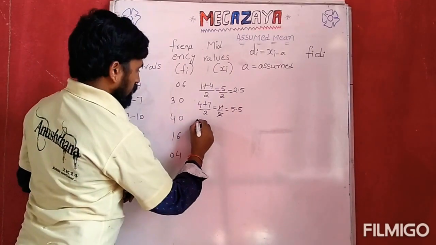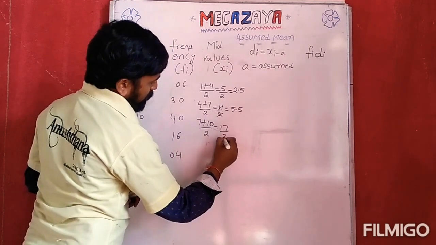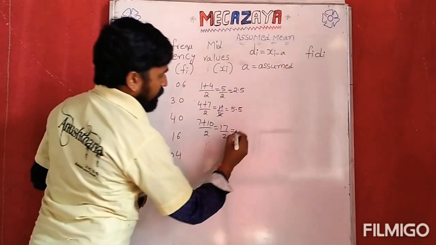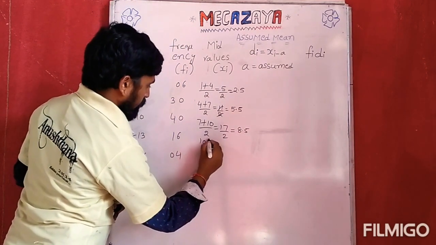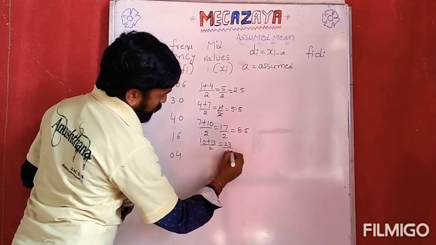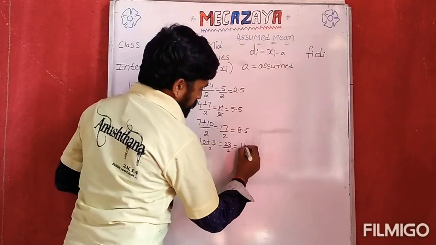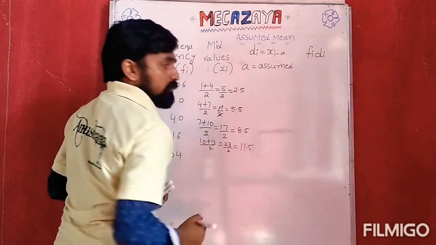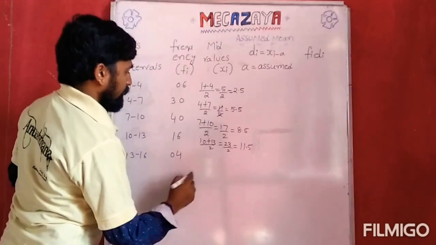That's it. 7 plus 10 by 2, 17 by 2, that means 8.5. 10 plus 13 by 2, 23 by 2, that is 11.5.